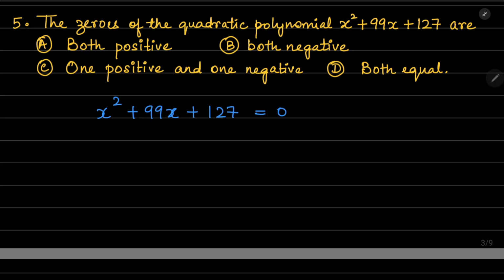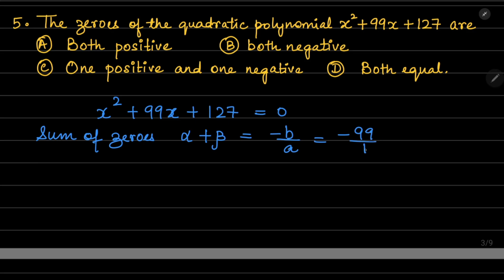So what will be the sum of the zeros, which is nothing but alpha plus beta? It will be minus b by a. What is b here? 99, the coefficient of x. So minus 99 divided by 1, because a is 1. So I'm just going to write minus 99.